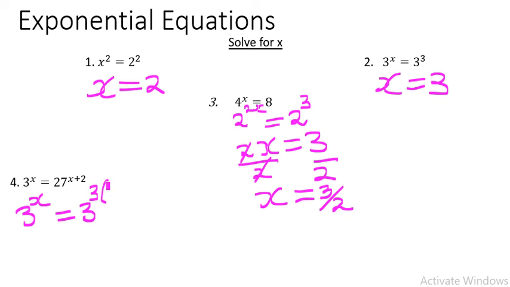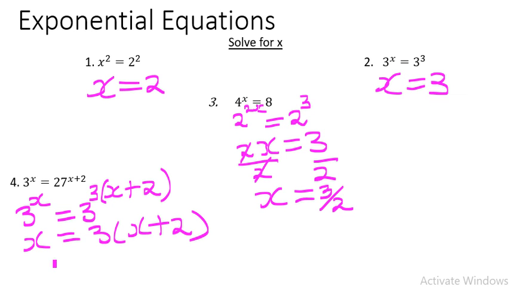Open bracket, we already have what? x plus 2, close bracket there. Now the bases are the same, we equated the exponent, so we'll say x is equal to 3, open bracket, x plus 2. Now we remove the bracket, so we'll say x is equal to 3x plus 6.